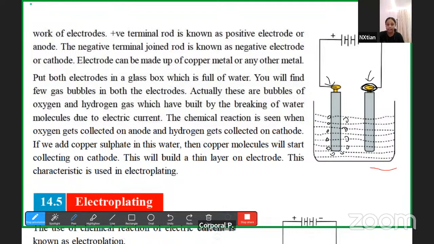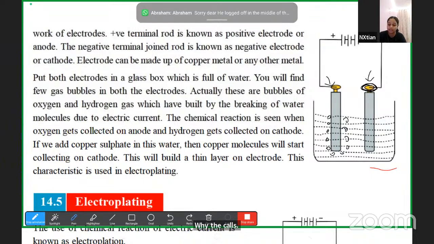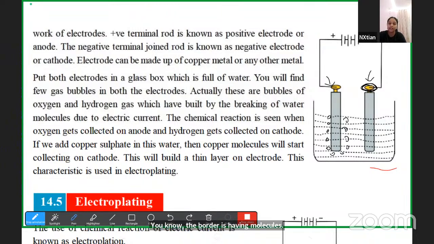Why? Because water has molecules, just as all the three substances, solid, liquid, and gas, have molecules.